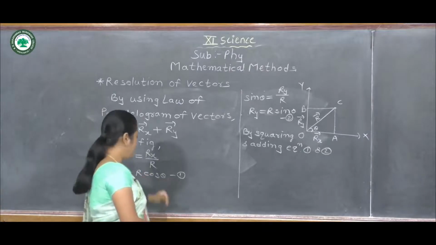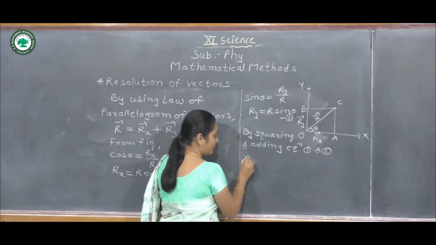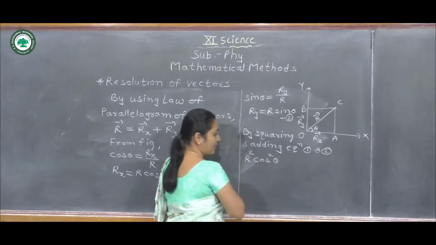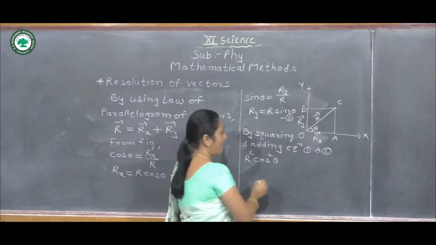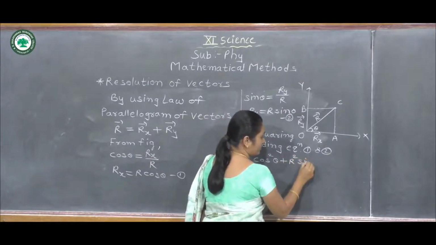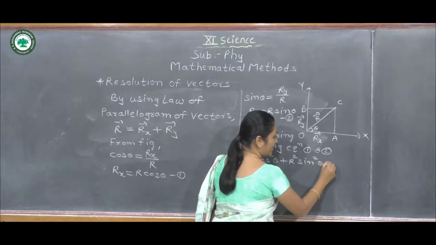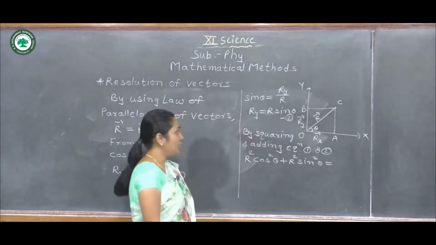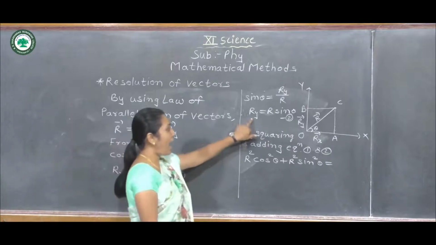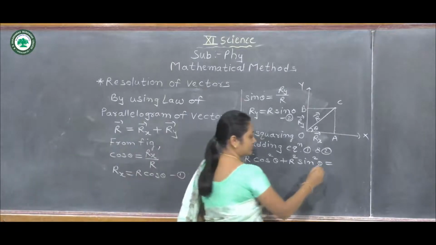By squaring, we have r square cos square theta plus r square sin square theta is equal to Rx square plus Ry square.